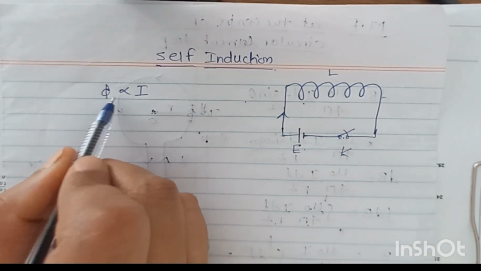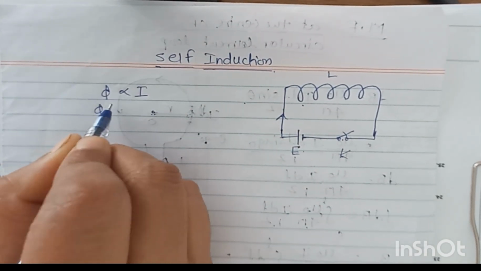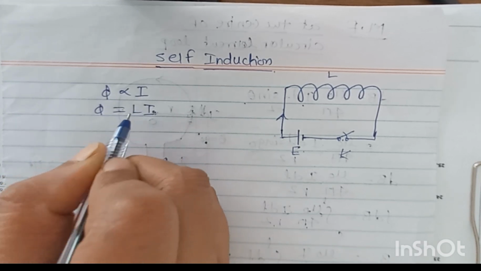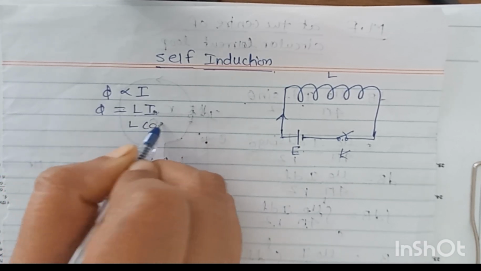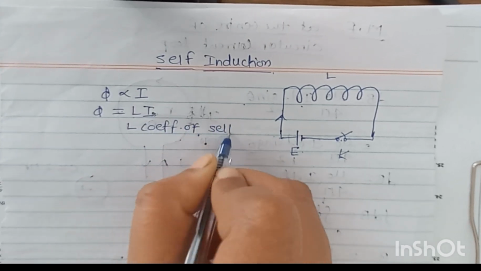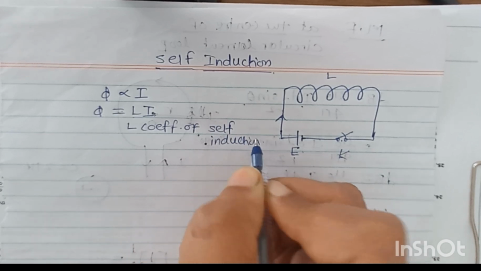So flux is always directly proportional to I, and if you remove the proportionality sign here, phi is equal to L into I. L is the coefficient of self induction.